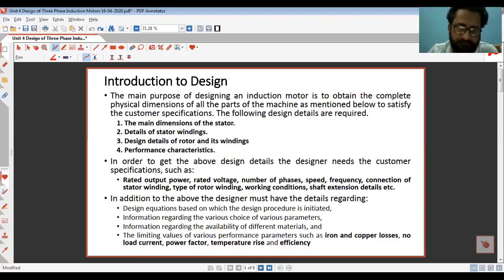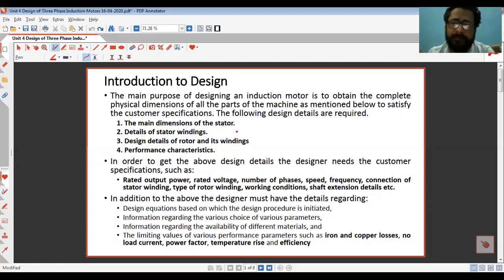The prime objectives, or major considerations, in designing electrical machines are the economy, the economical aspects, standards, and one very important aspect, customer specifications and customer satisfaction.